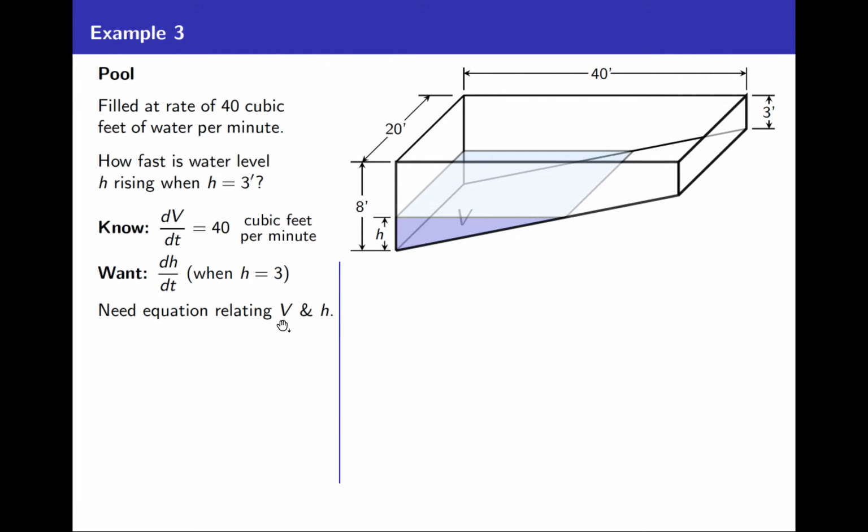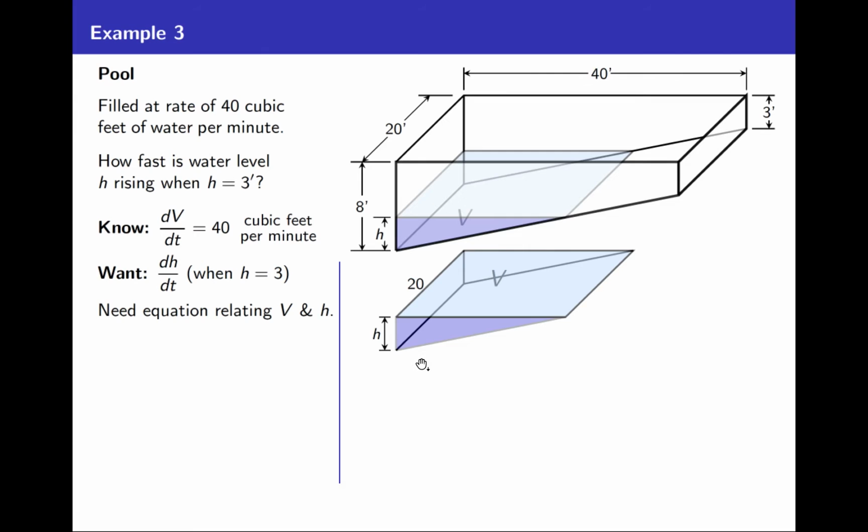So to work out an equation relating V and h, let's pull this prism out and analyze it. It's h feet high, it's 20 feet wide, and that's the volume of the prism.